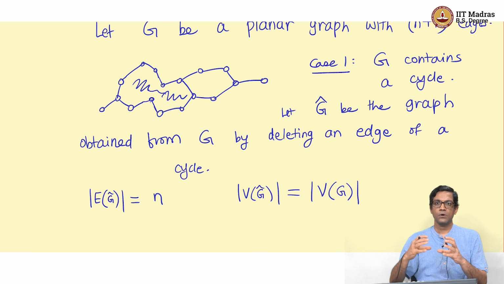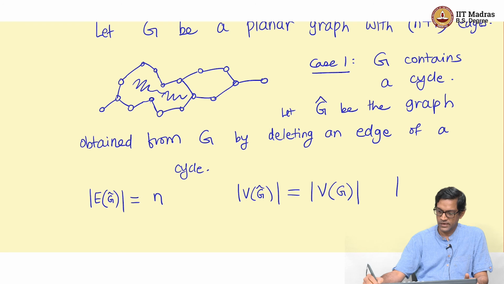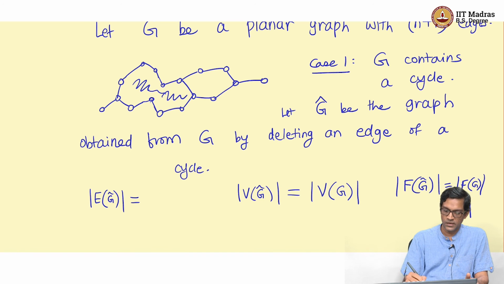It can be two closed regions or one closed region with the outside region. So in other words, the number of faces of G hat also reduces by 1: faces of G minus 1. So observe, edges of G hat is edges of G minus 1, which is n.